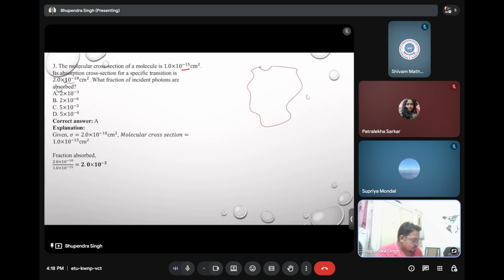The cross section of this is this, but the specific transition is this absorption cross section. Let's say only this part of the molecule is absorbing. So this is your absorption cross section.